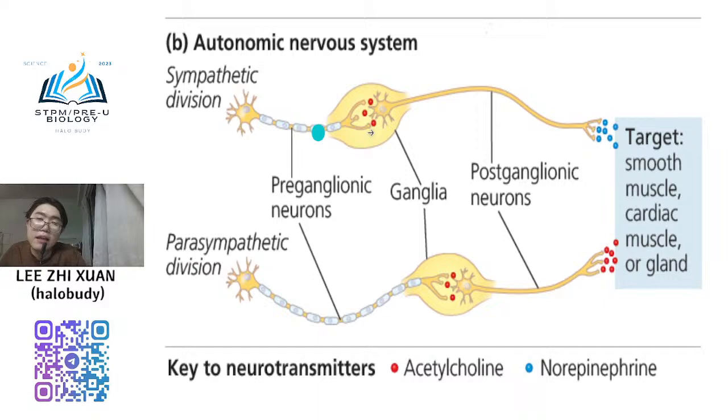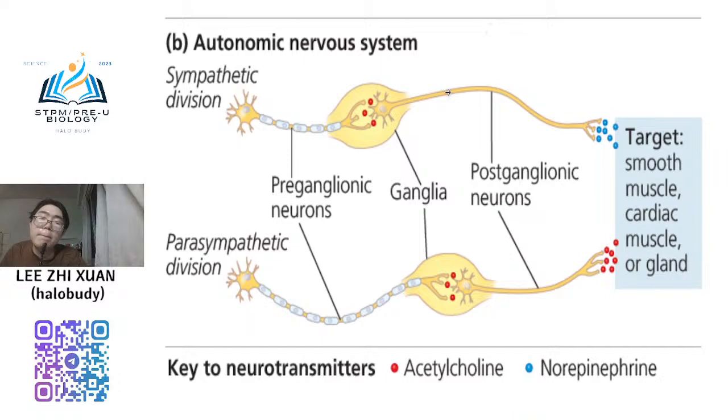Both of them are efferent neurons, but the difference is that the initial part we call the preganglionic neuron, and then at the gap, the interaction between the neurons, we call the ganglia. This part, the terminal branch and also the cell body, we call the ganglia, and after the ganglia we know it as the postganglionic neuron.